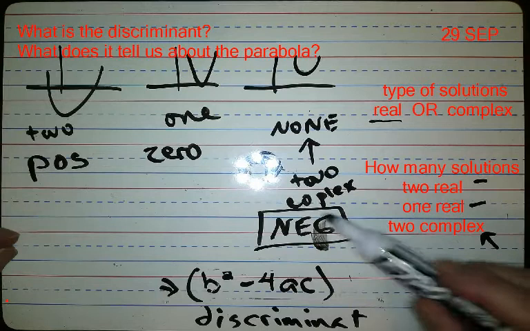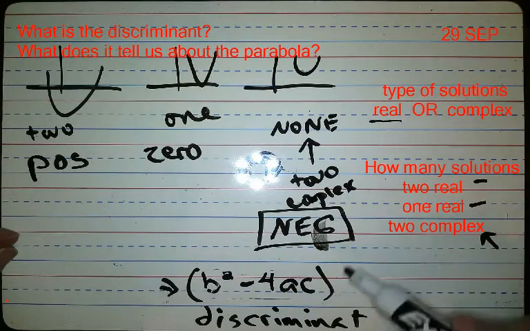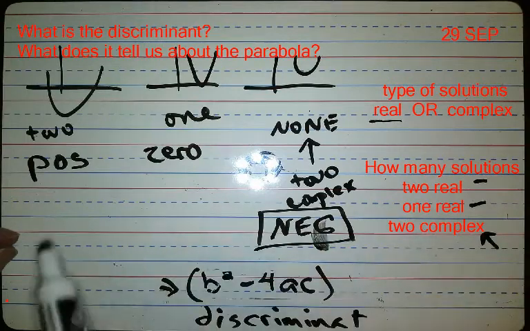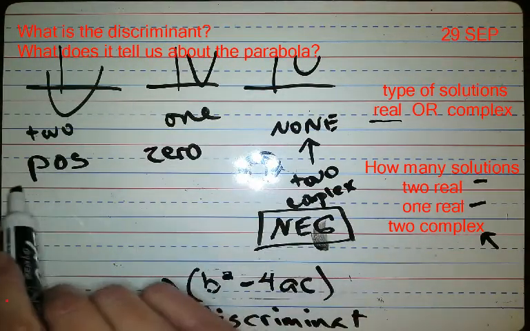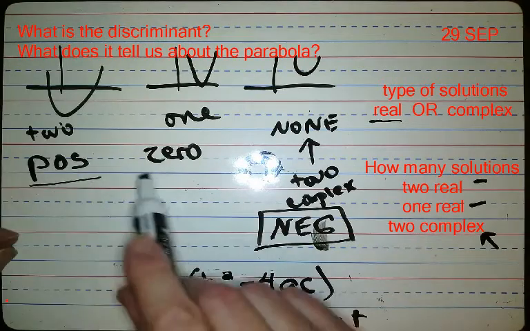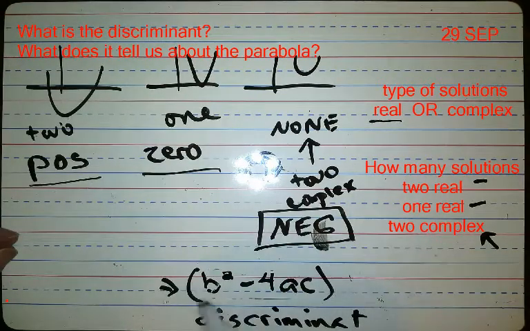They're complex numbers, but they're not x-intercepts. Okay? So 2, 1, or none means positive means 2, 0 means 1. Negative, this number inside the parentheses, negative means none. So we're going to practice finding the discriminant on 3 problems.